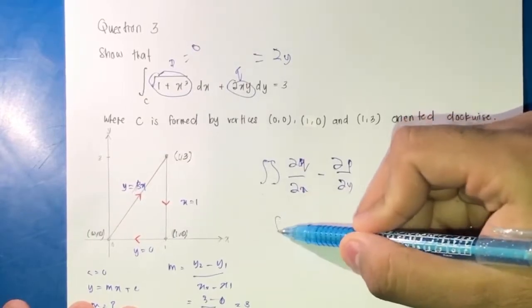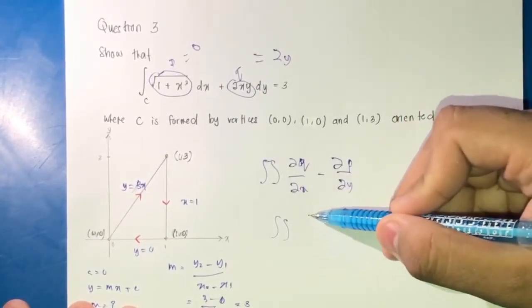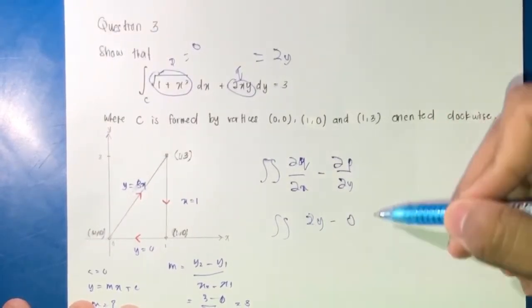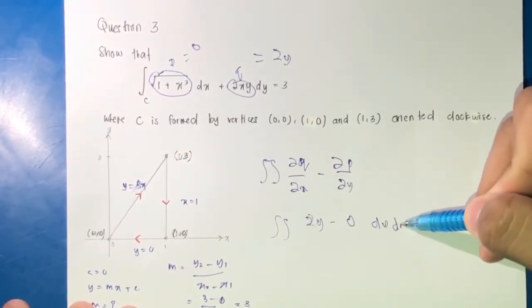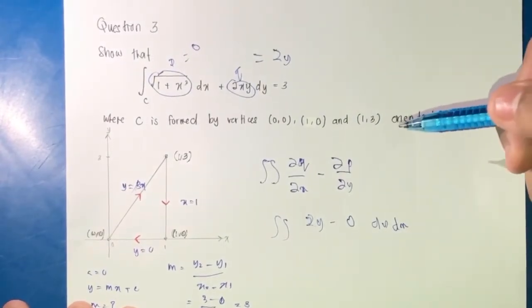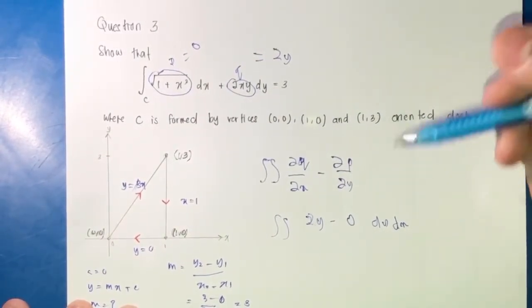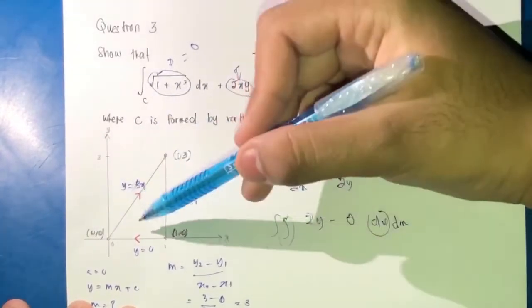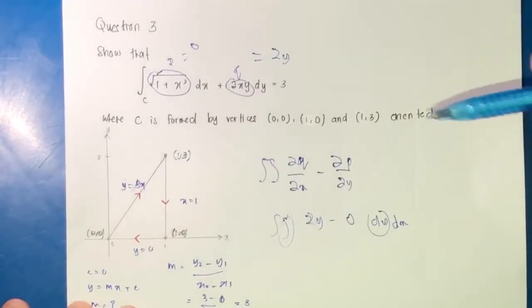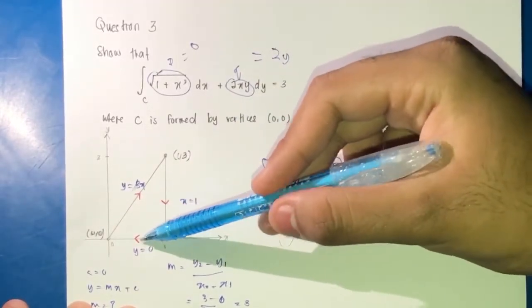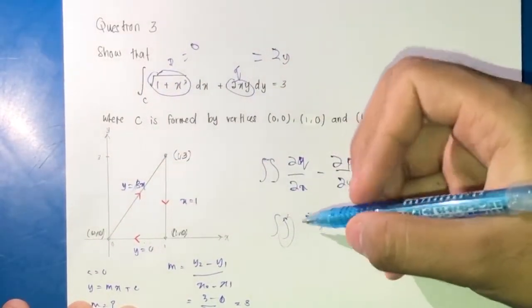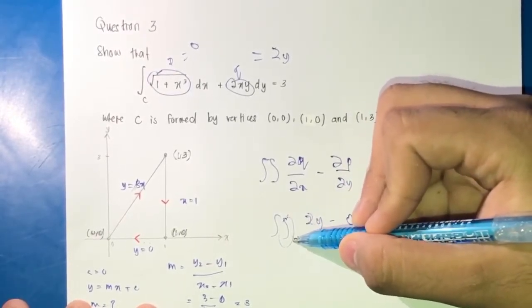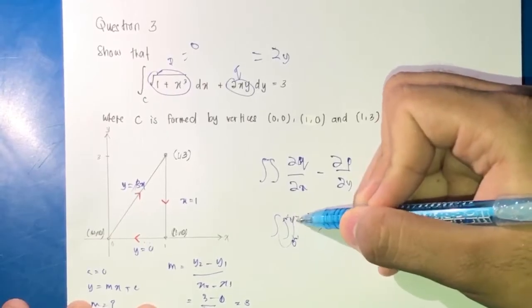So for the integral, we get 2y minus 0 dy dx. As for the limit, since this is dy, we need to use y. Y here is from 0 to 3x.